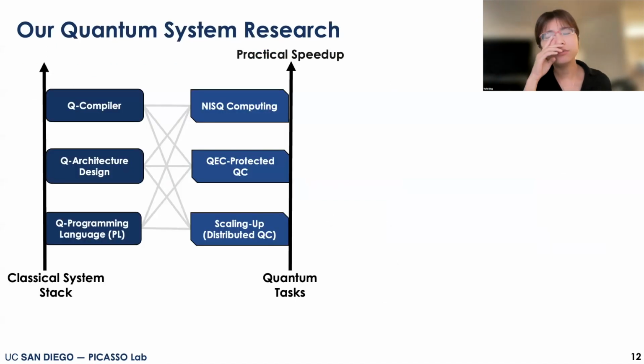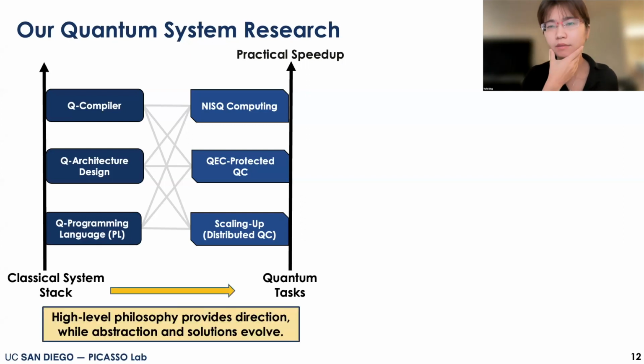Okay, so to this end, here is an overview of my quantum system research. I think it exactly follows my vision. On the left-hand side is the classical system stack, which I have been working on for many years. And on the right-hand side are the 3 key quantum-related tasks that I feel are important for the next few years.